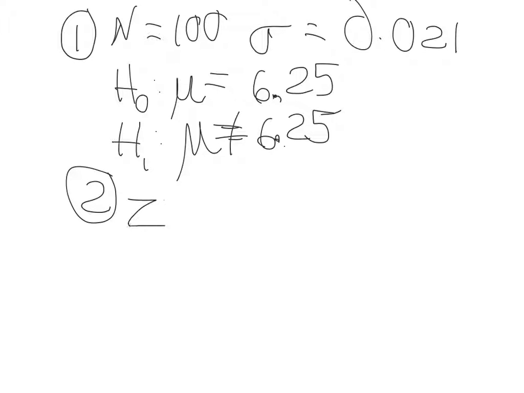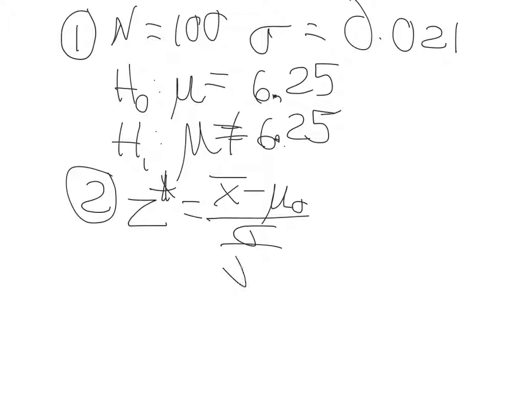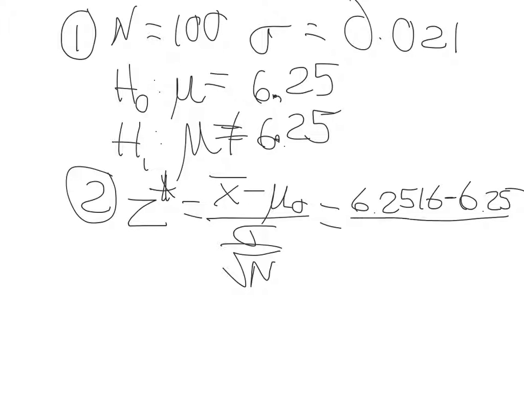Okay, so we're going to have our test statistic, and let me write down the formula. So we have x bar minus mu sub 0 over sigma over the square root of n. And the x bar is the value that he got from the sample, so that's 6.2516. The mu sub 0 is the 6.25.